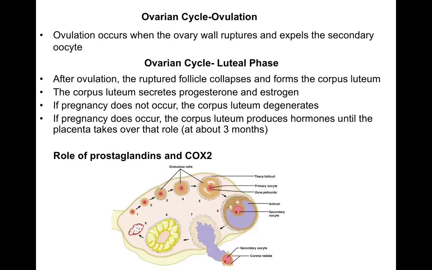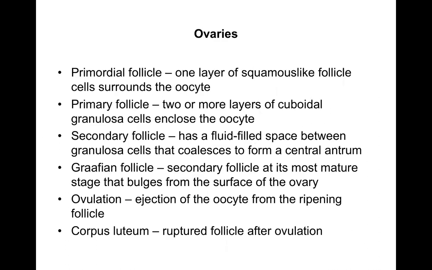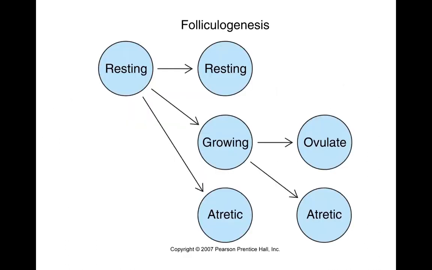Now, the question is, the ova is ready, the metallopeptidase is ready. Now we are talking about the process of ovulation, right? So we have learned this. There are tons and tons of follicles that are present. Some remain in the resting phase and die out. Some grow. Some are atretic, they degrade out, and there are growing follicles, right? So many of the follicles are growing.